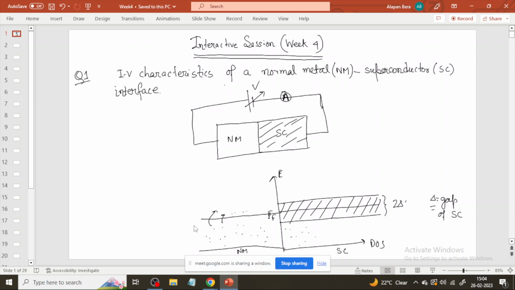There is no gap at the Fermi energy in a normal metal, so electrons can readily be excited. Now, we make a junction out of this normal metal and this superconductor.